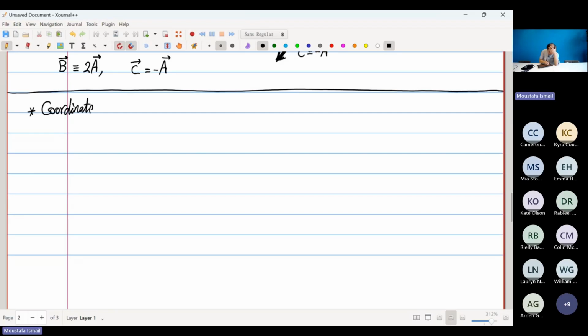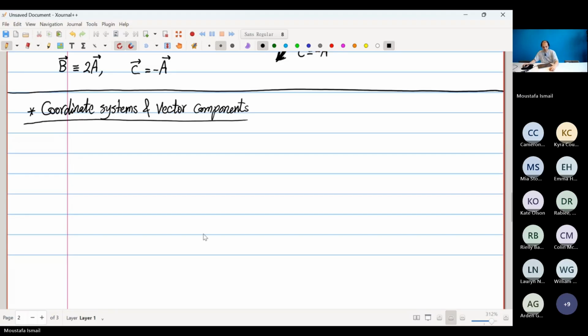Before, we introduced a coordinate system as a line with an origin, and then either positive to the right or negative to the left, indicated the direction.